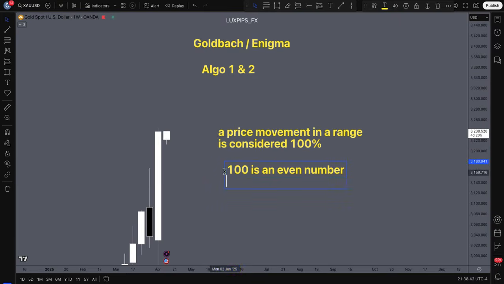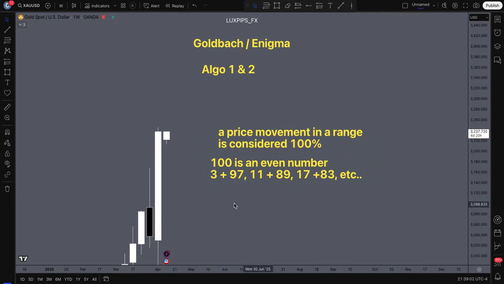The Goldbach numbers for 100 can either be 3 plus 97, or 11 plus 89, or 17 plus 83. There's a lot more. It's basically saying that these numbers are correlated. They all add up to 100.